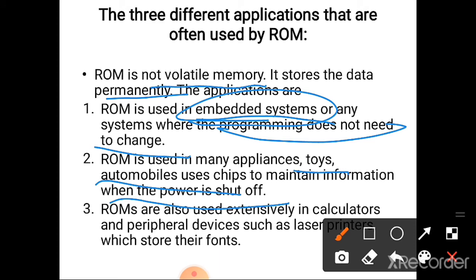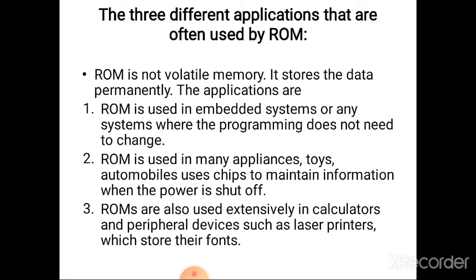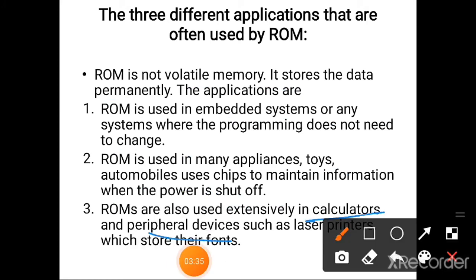After the power is shut off, the information will be retained in the ROM memory. And the last point, it is mainly used in calculators and peripheral devices such as laser printers, which store the fonts.